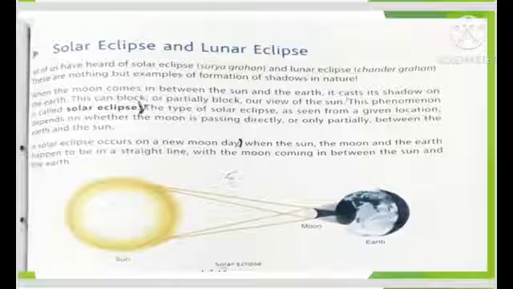Likewise, moon also rotates on its axis and revolves around the earth. And due to this rotation and revolution of these two heavenly bodies, sometimes when the moon comes in between the sun and the earth, it casts its shadow on the earth, and this can block or partially block our view of the sun. This phenomenon is called solar eclipse.